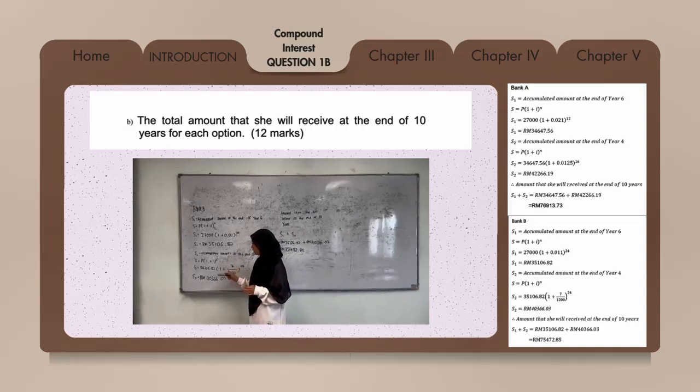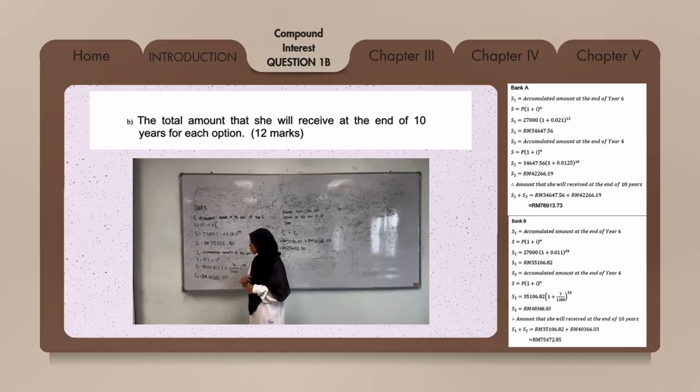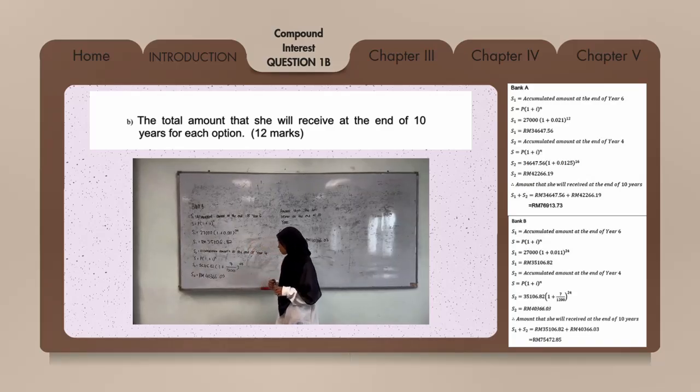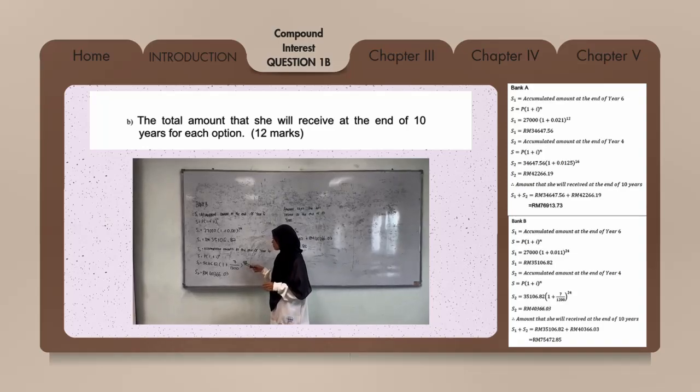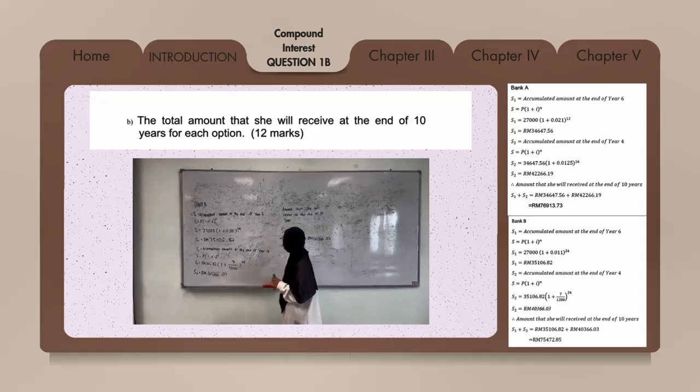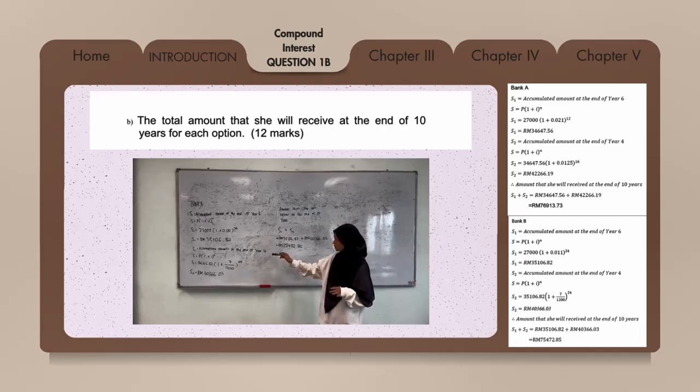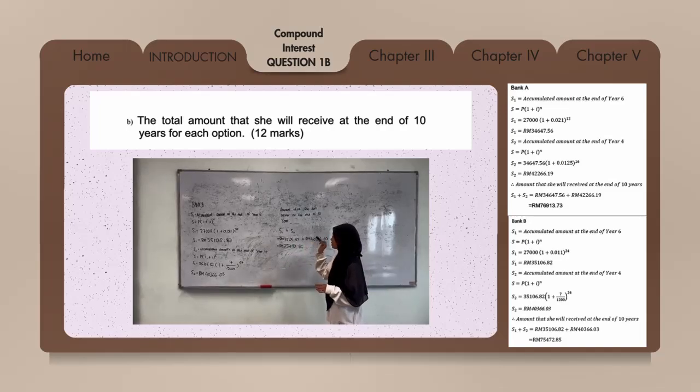We use the same formula, S2 equals 35,106.82 multiplied by 1 plus 7 over 1,200 to the power 24, and then we got the answer, RM40,366.03.